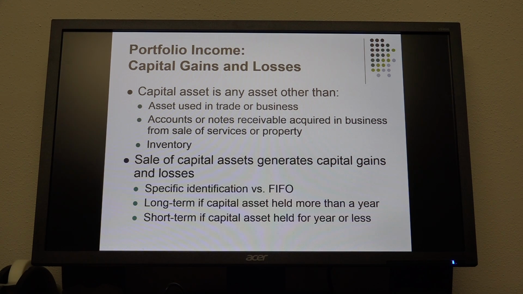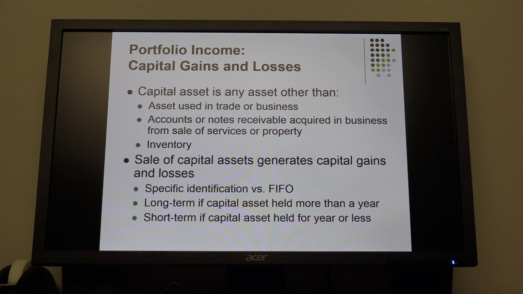And so you might hear the term long-term capital gain or short-term capital gain or long-term capital loss, short-term capital loss. What makes a capital asset a long-term asset or a short-term asset?